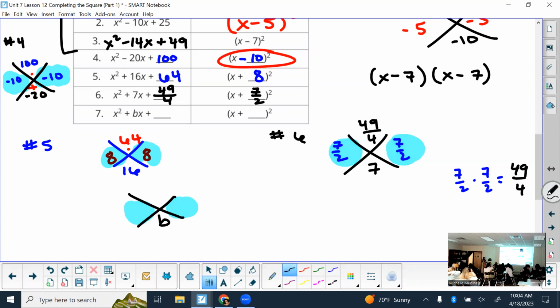So I'm going to write it as b over 2, because that's what we would have to do to whatever b is. And then we have to multiply it to get the top. So we just multiply straight across. What's b times b? And what's 2 times 2? 4.